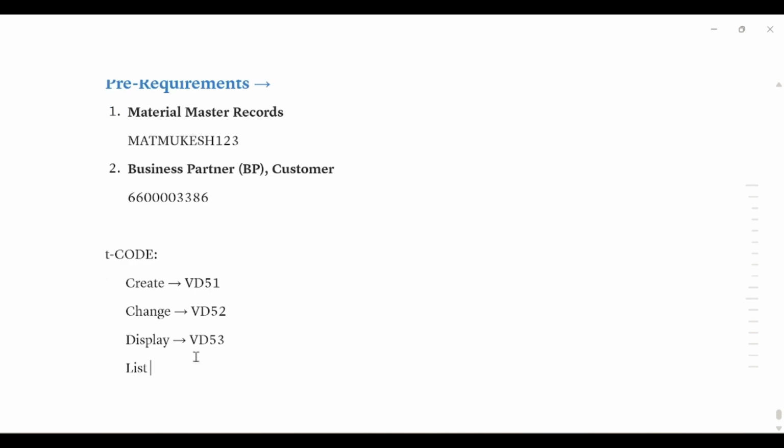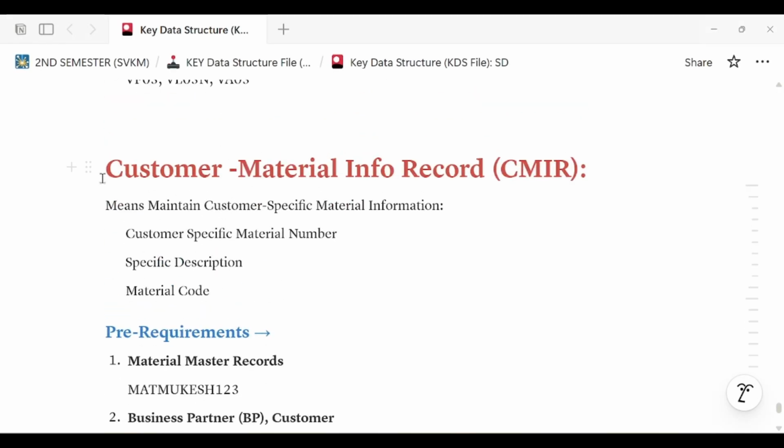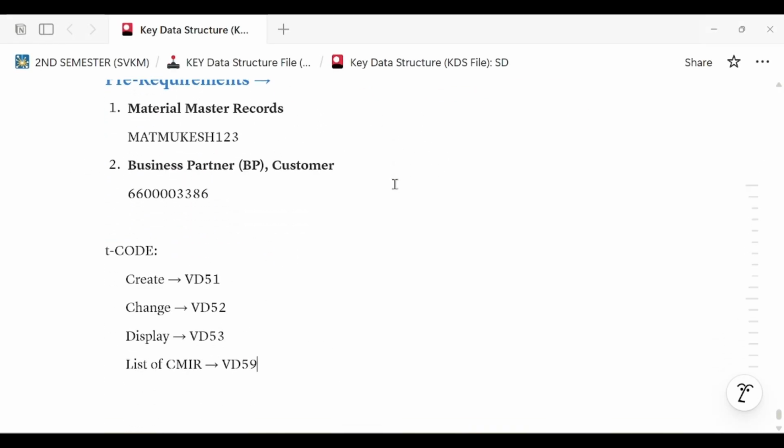If you want to display, you will use VD53. And for the list of customer material info records, you will use T code VD59. So through these T codes we maintain customer material info record.